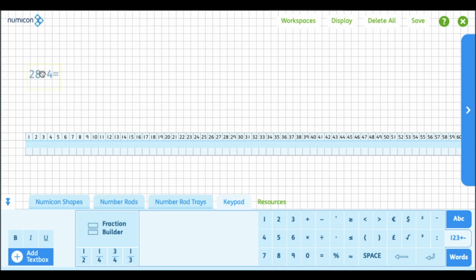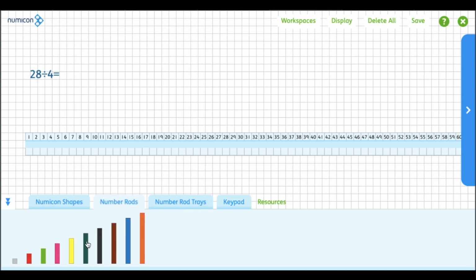So I'm working out 28, how many 4s go into 28, so how many players can play. And we could just use some 4s, so if I get my 4s out here, and work out how many will fit in my number track to 28. So 1, 2, 3, 4, 5, 6, 7. Oh, 7, right. All the way to 28, so I'll delete these ones that I don't need. 28 divided by 4 is equal to 7, which we knew from our array.